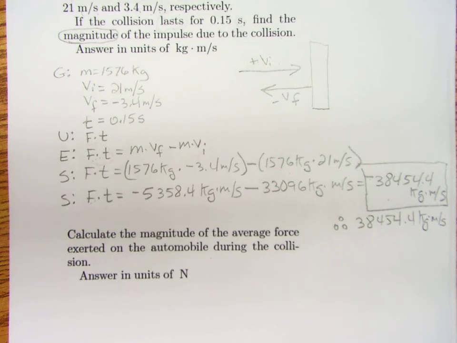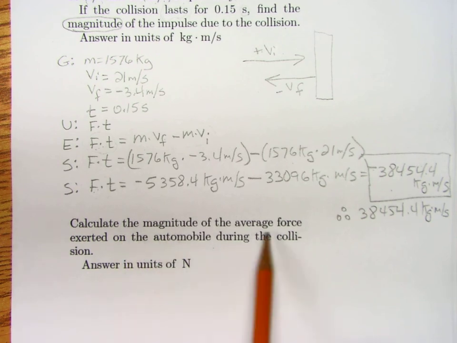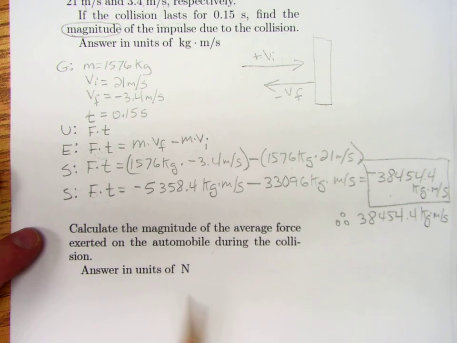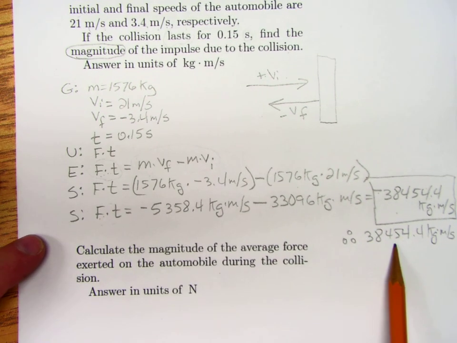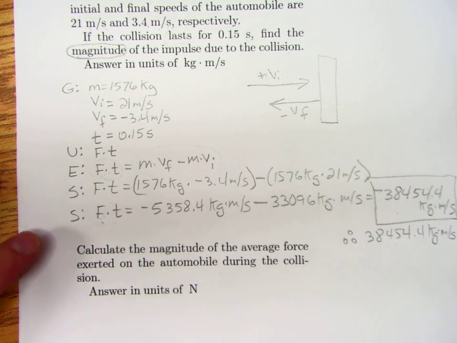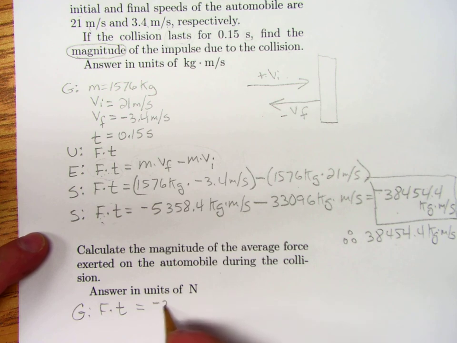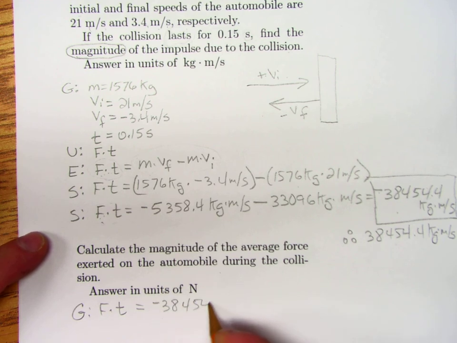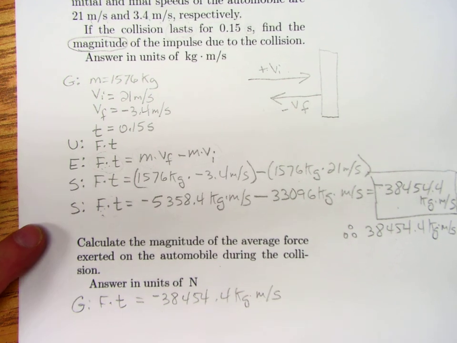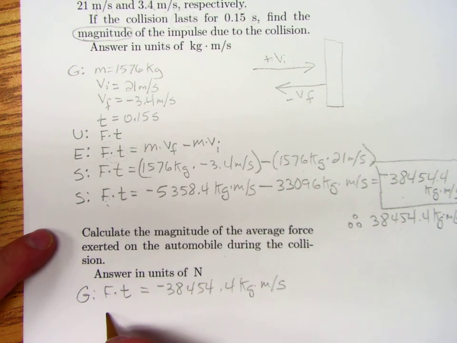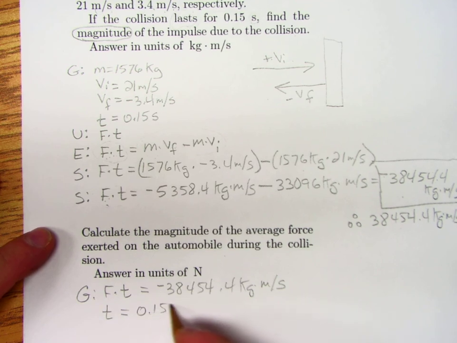That's not necessary. Okay, so then it says calculate the magnitude of the average force exerted on the automobile during the collision. Well, we know that this is the impulse and it's equal to force multiplied by time. So we're given that F times T is equal to negative 38,454.4 kilograms times meters per second. And we're also given that the time is equal to 0.15 seconds.